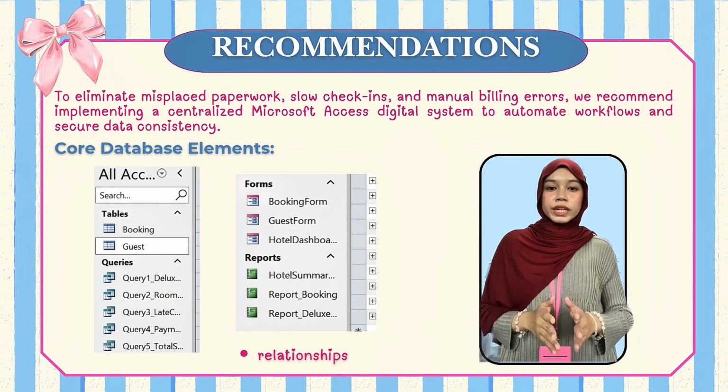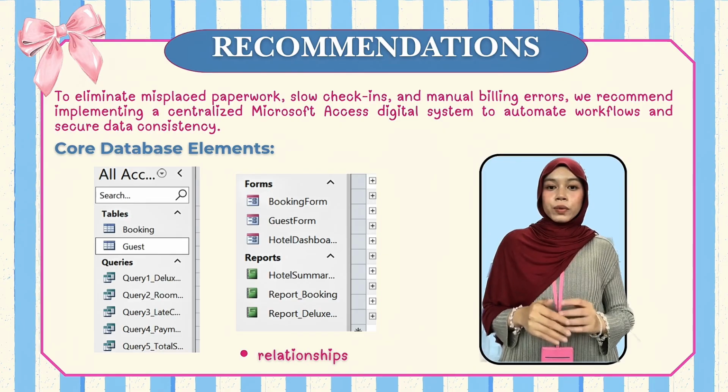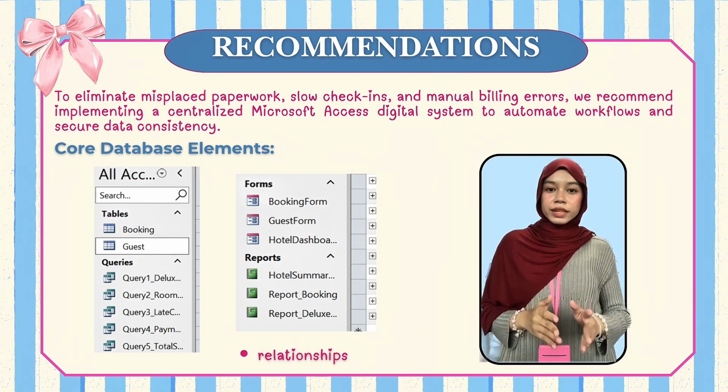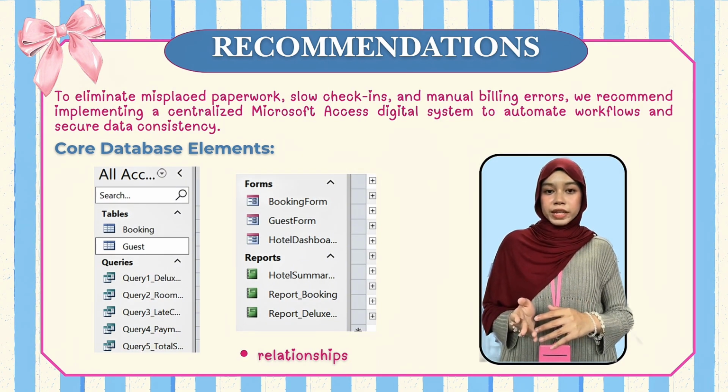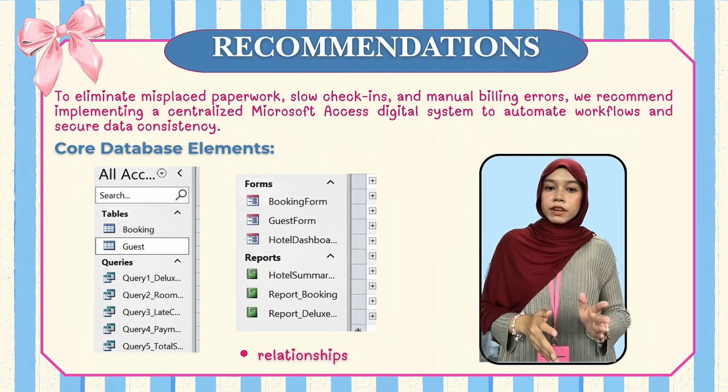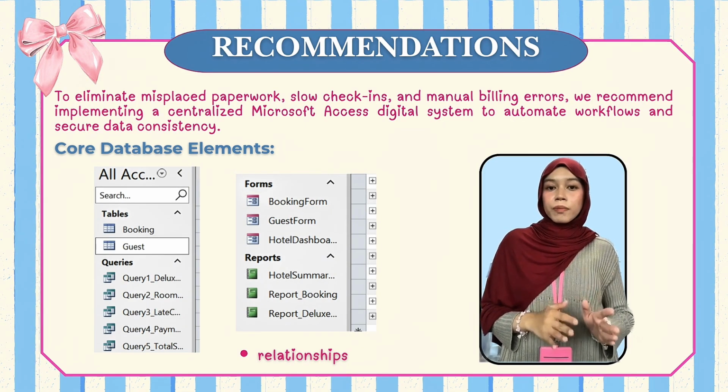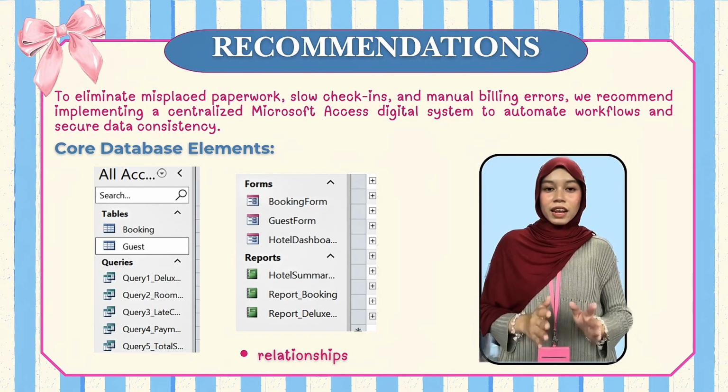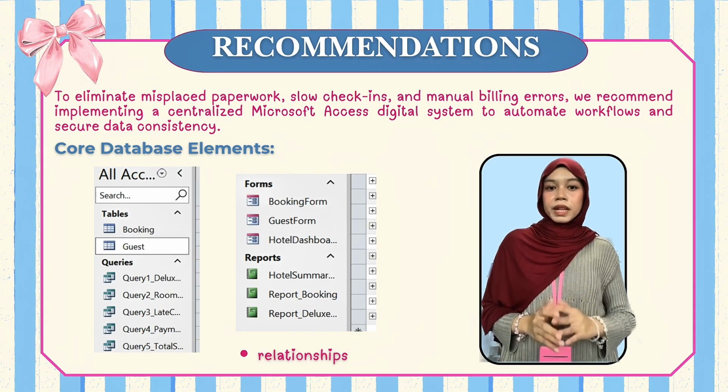Fourth, we design user-friendly forms so our staff can easily input new guests' registration details digitally. And finally, we generate reports to summarize the hotel's daily occupancy and revenue metrics for management review. By integrating all these 5 elements, Barbie&Ken Island Hotel can eliminate manual errors, secure data consistency, and speed up guest service.